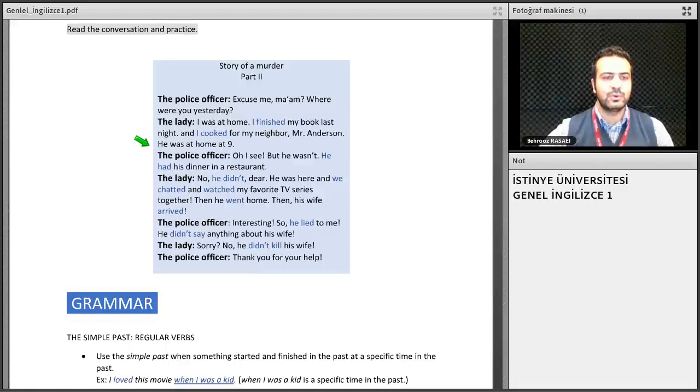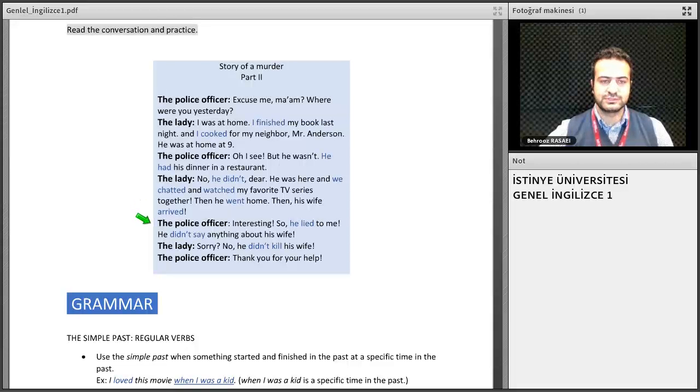He was at home at 9. The police officer, oh, I see, but he wasn't. He had dinner in a restaurant. The lady says, no, he didn't. He didn't, dear. He was here and we chatted and we watched my favorite TV series together. Then he went home. Then his wife arrived.